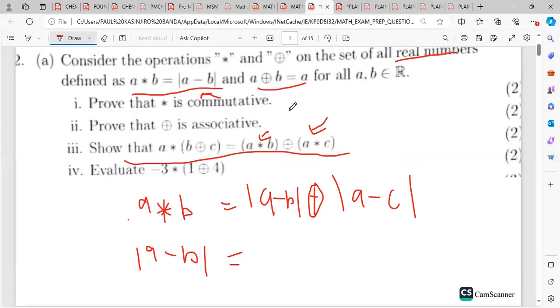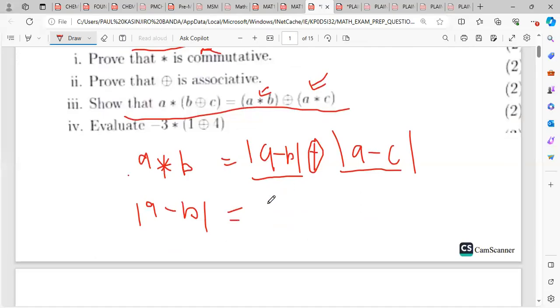We said with the cross circle, if you have an element cross circle element, you just get the first element. This is the first group, that is the second group. As long as you have a cross circle there, you just get the first group. So you can see that it's just A minus B there.